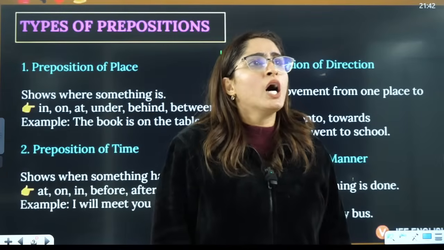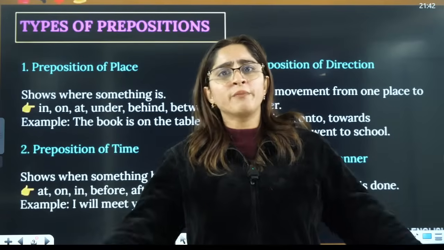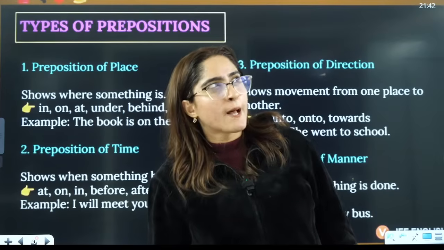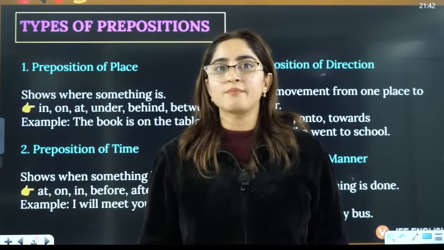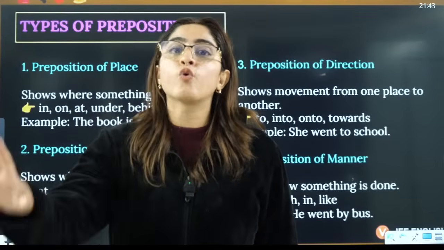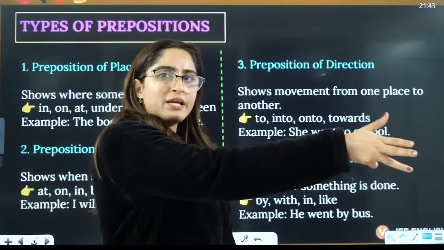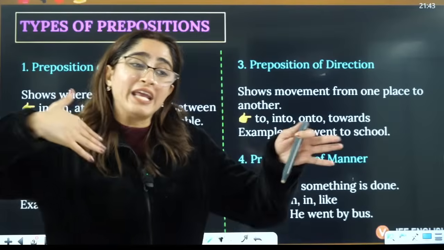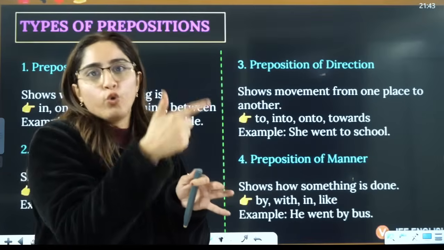Go to Rameshwaram temple, go to a place, go to Pizza Hut, go to Domino's. I'm saying go to this location, you go there, right? When I'm saying towards, I'm saying go towards Rameshwaram temple, and we think in that direction you have to go. So that is the difference between go towards and to, right?